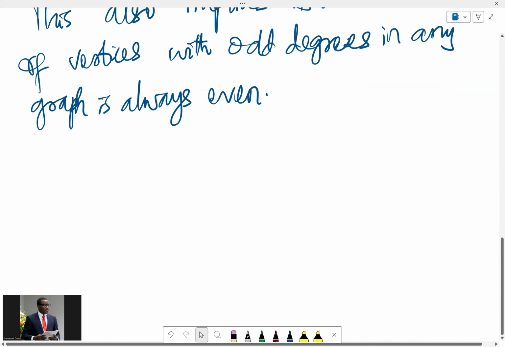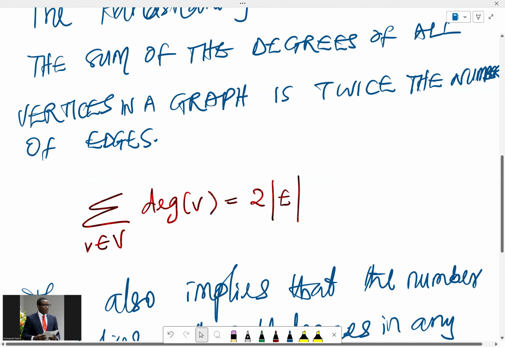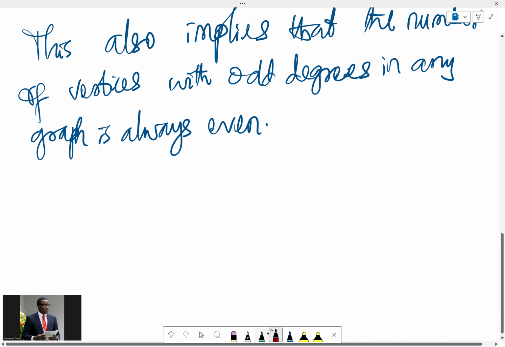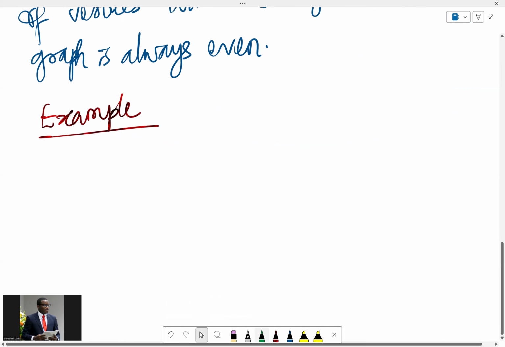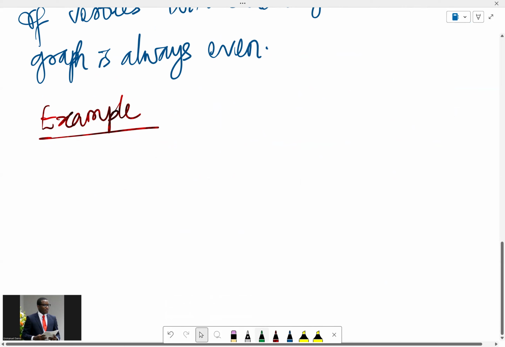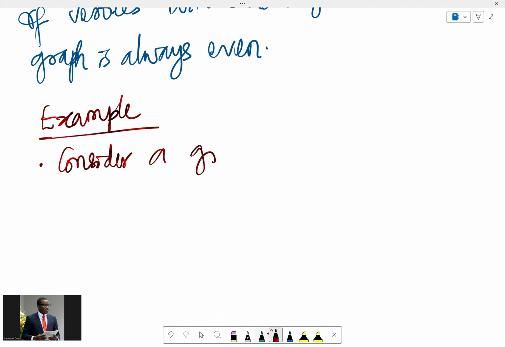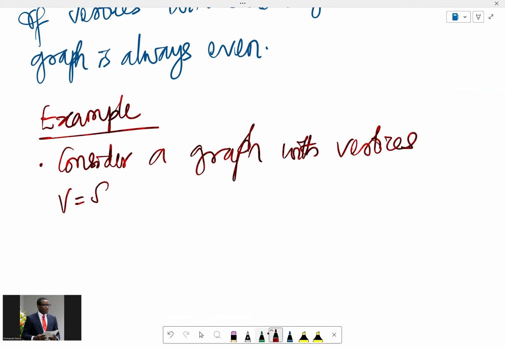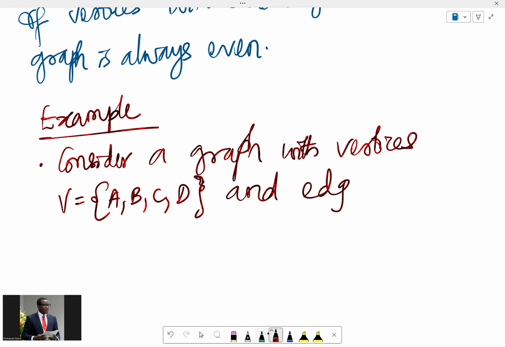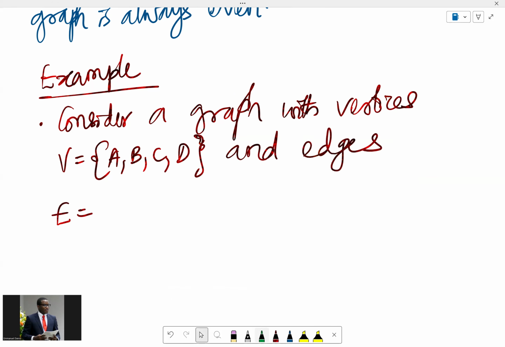To drive home the point, let's consider an example. Consider a graph with vertices V, which are A, B, C, D, and edges E, a collection of the edges.